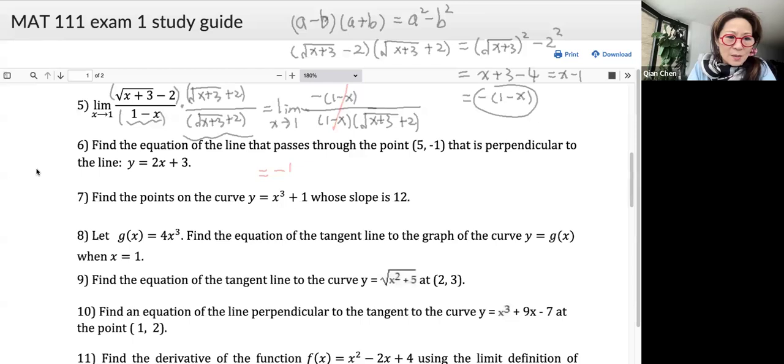So we have negative 1 divided by square root of 1 plus 3, plus 2. The negative sign we can put up front. So negative 1 over, 1 plus 3 is 4, square root of 4 is 2, 2 plus 2, which is negative 1/4.